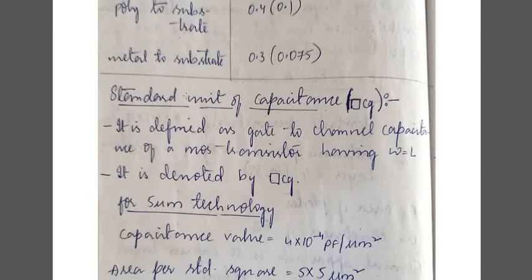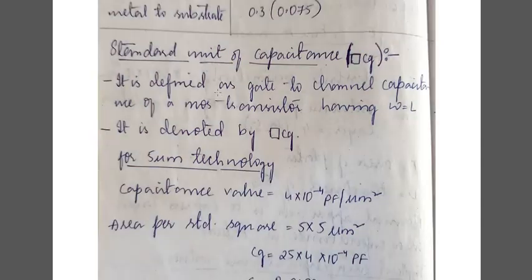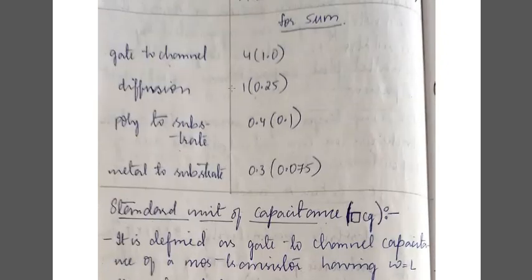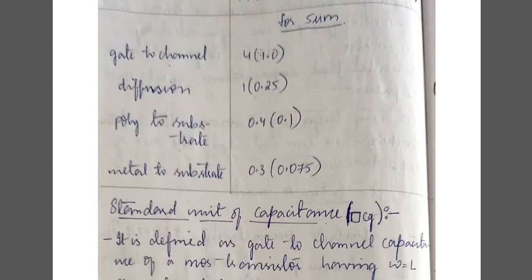So the standard unit of capacitance can be defined as the gate to channel capacitance of a MOS transistor which is having W equals L, that is the width equals the length, and it is denoted by delta Cg. The capacitance value is given as 4 into 10 to the power of minus 4 picofarads per micrometer square. This I have already shown in the tabular column, that the capacitance for gate to channel is given as 4.